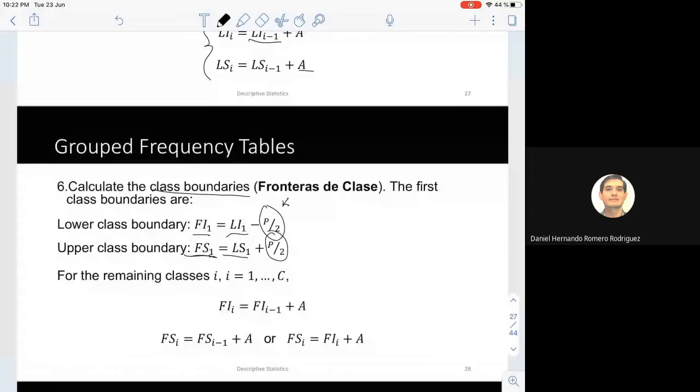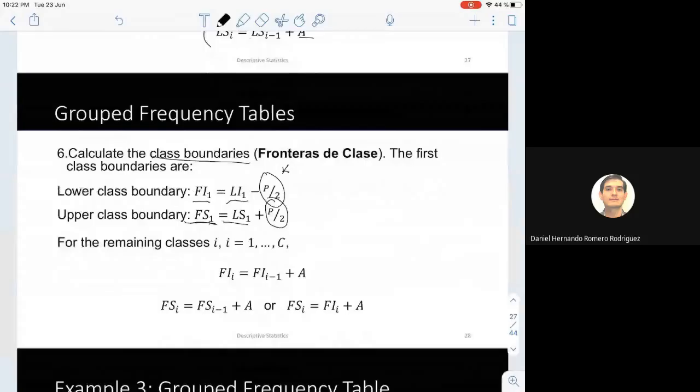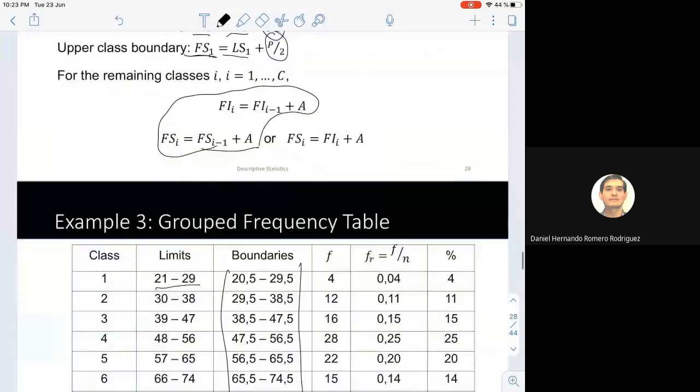It's just to take the lower boundary of the previous class plus the amplitude, and same idea for the upper boundary. It's just the previous one plus the amplitude. In that way, we will be able to compute the boundaries for every single class.